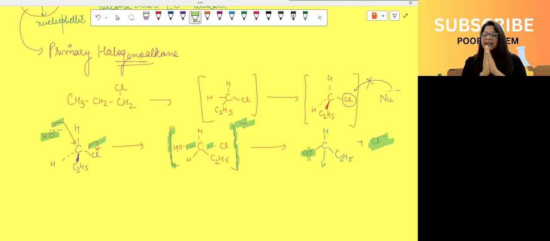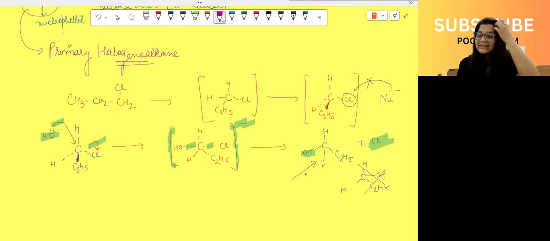Students do everything at the end of this reaction, they write down OH like this. No, please don't do that. Because over here, what are you showing? That the nucleophile has attacked from the back, and we discussed the reason why it is attacking from the back, because it cannot attack from the front. It has steric hindrance because of the electron repulsion of both nucleophiles.